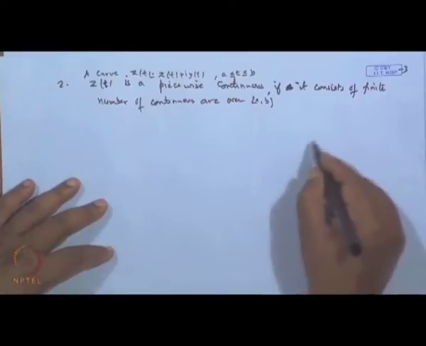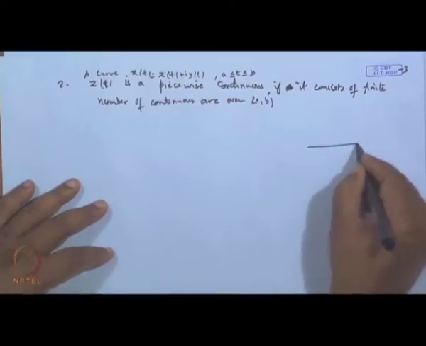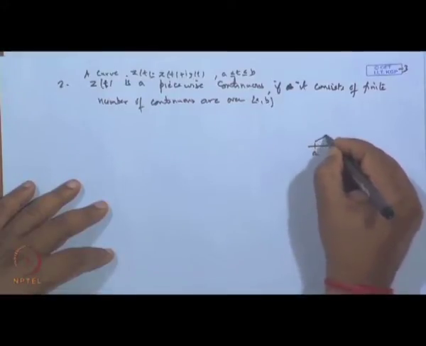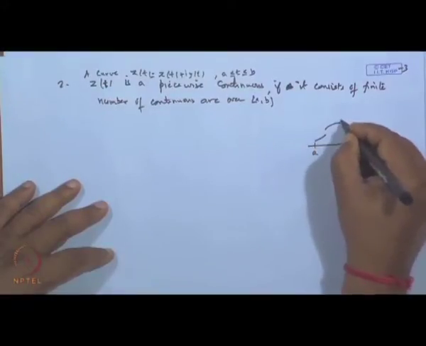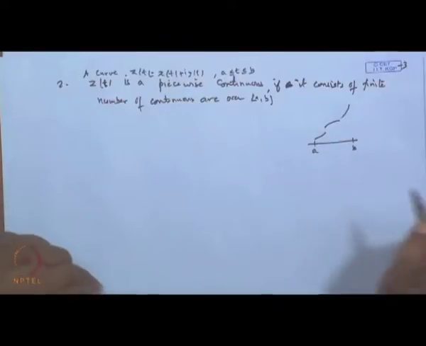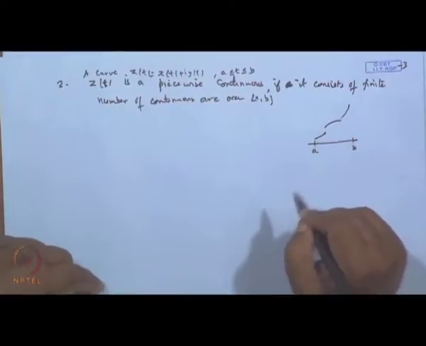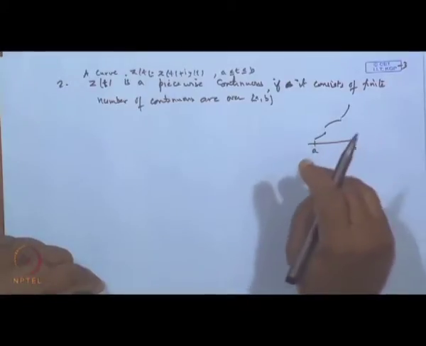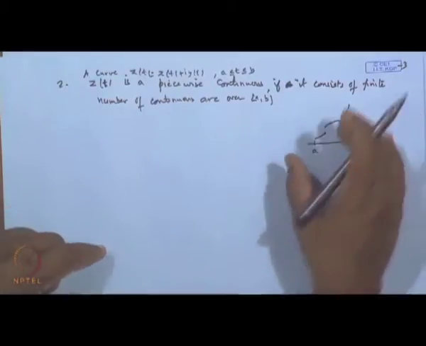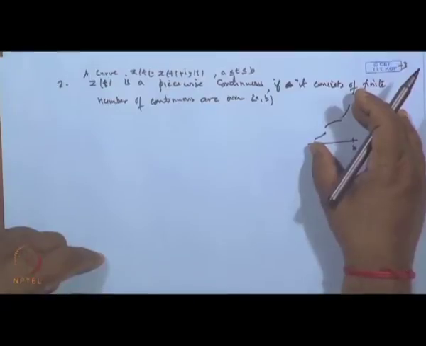Suppose a curve is not continuous throughout the interval [a, b]. Suppose a curve is like this, then there is a point of discontinuity here, and over the entire interval the function is not a continuous function of t.